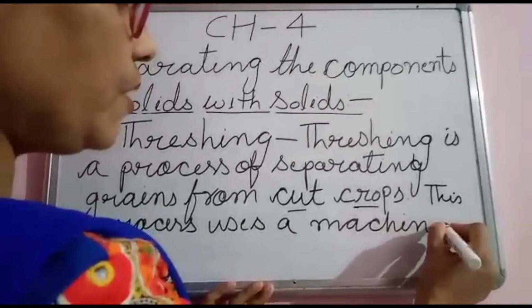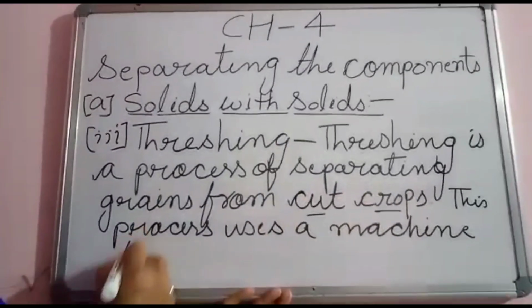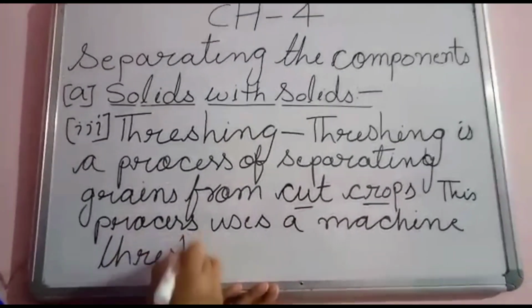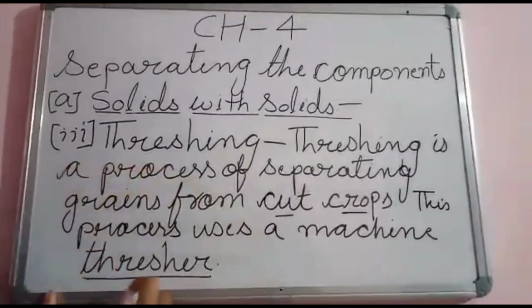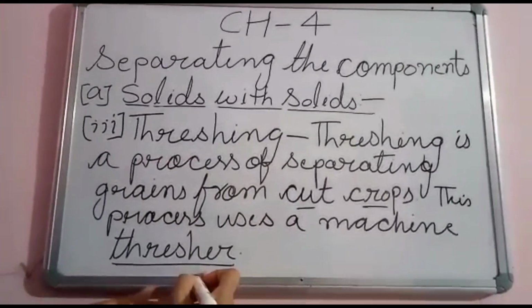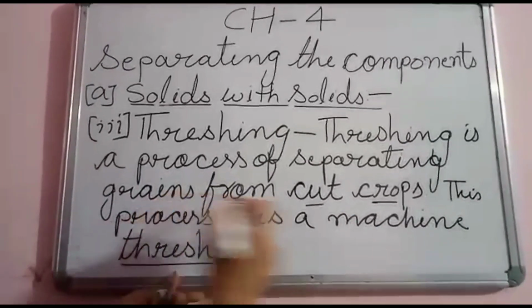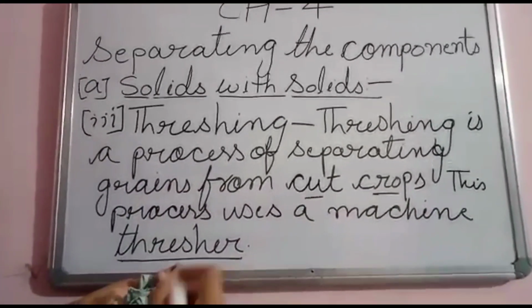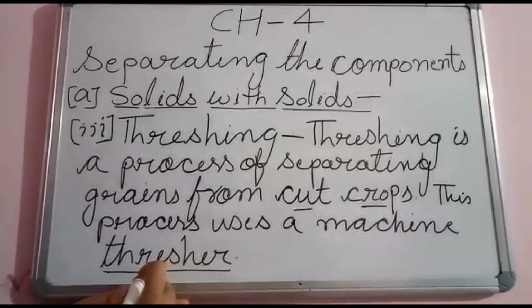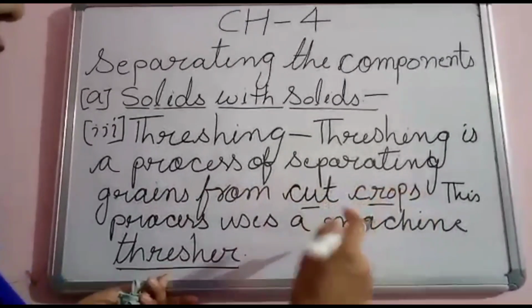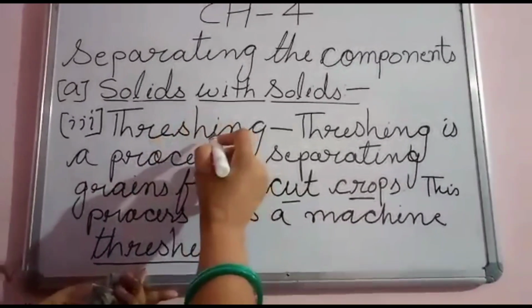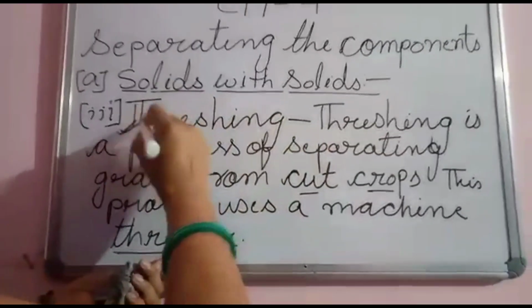Just like a flour machine. The machine is called a thresher. Thresher is a machine that is used to separate grains from the cut crops. And such a process is called threshing.